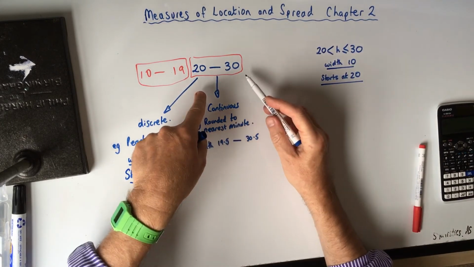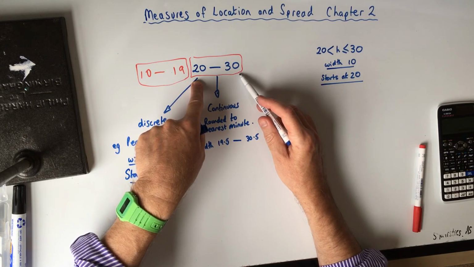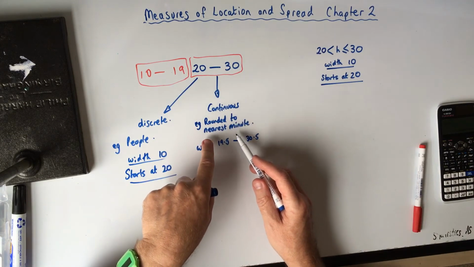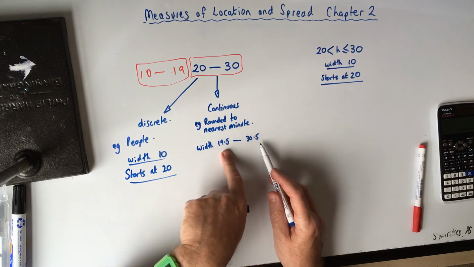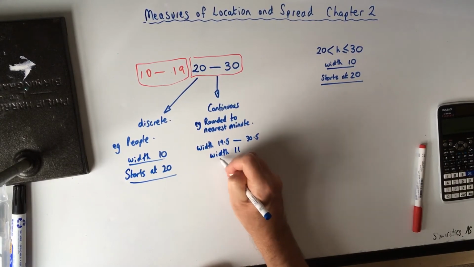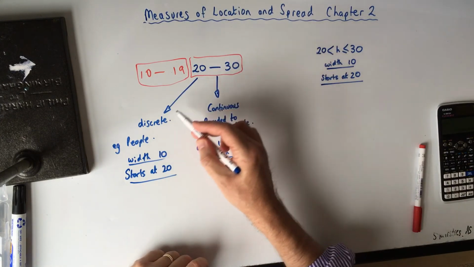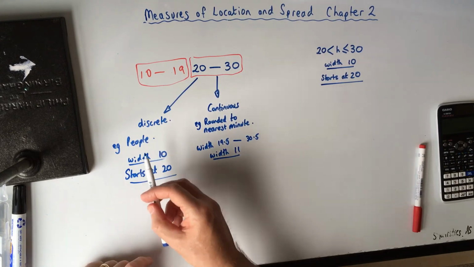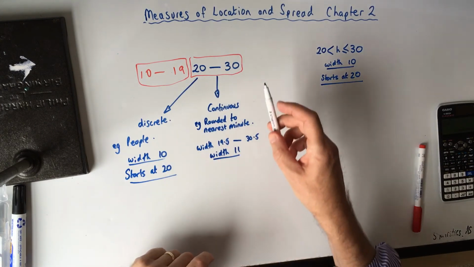So when you're considering the bandwidth here, which you need for interpolation, if they're saying this is minutes rounded to the nearest minute, then the bandwidth is actually from 19.5 to 30.5. So the width in that case would be 11. So the same group, depending on what it's talking about: if it's talking about people, or road accidents, it's discrete, and it would have a width of 10 and start at 20.